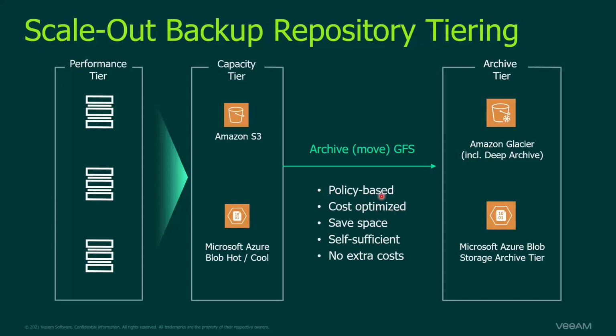So it's all policy based. Again, you just set an interval when the data should be transferred to the cheapest possible option of storage which public cloud can offer. Those backups are put in a cost optimized way, which we'll again cover later, and that also saves space. And those backups will be self-sufficient.